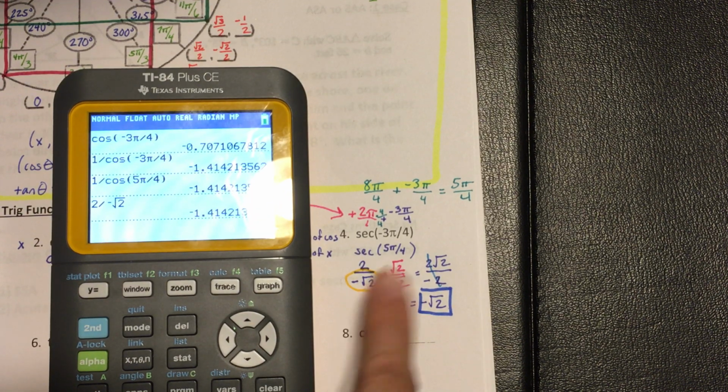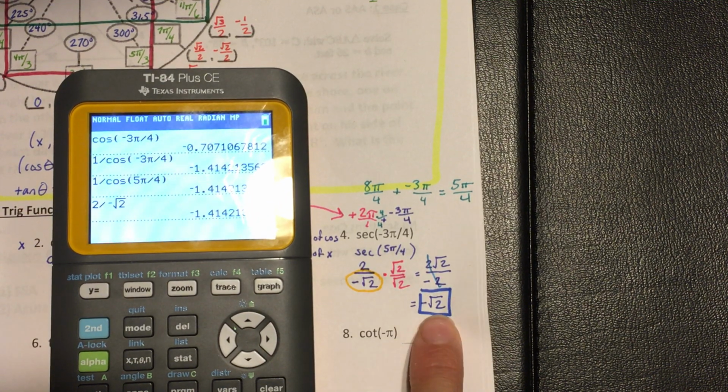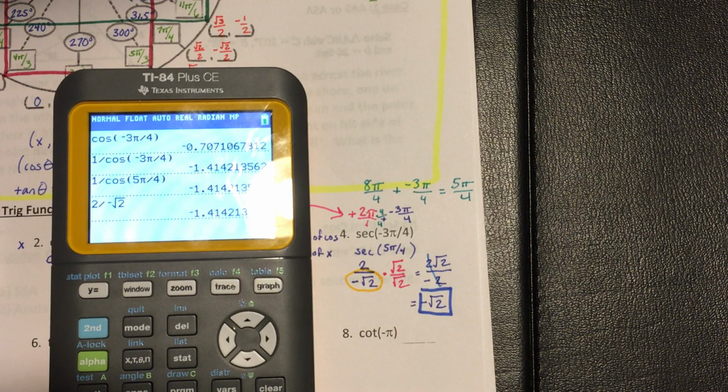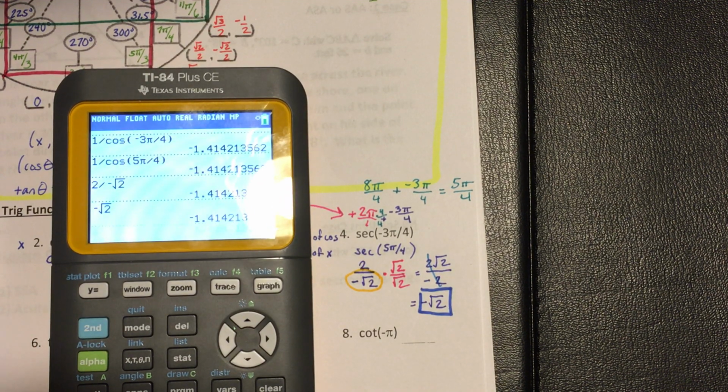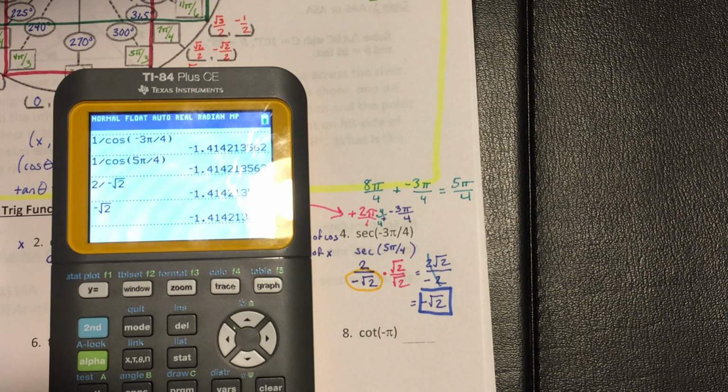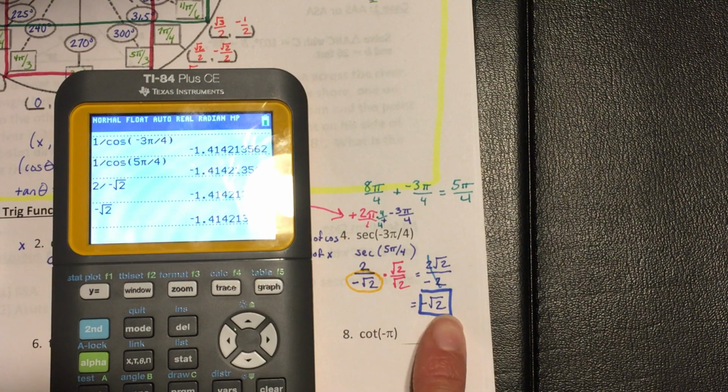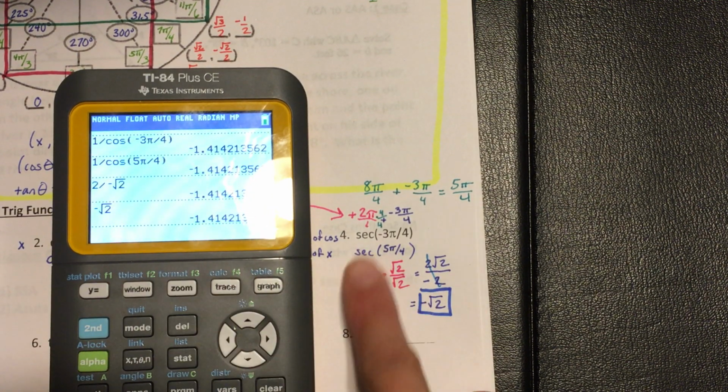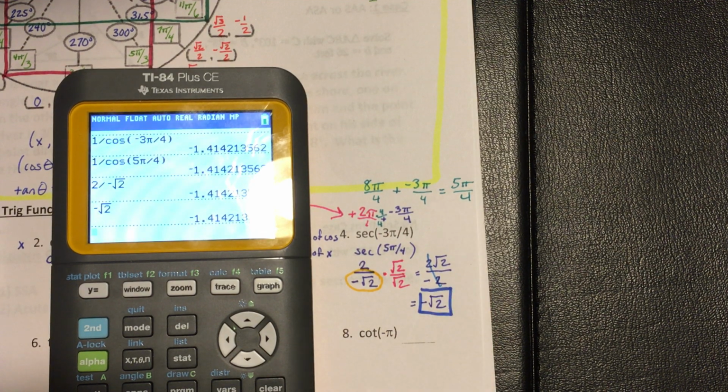I get the same terrible decimal. And my final simplified rationalized expression, we get the same decimal as well. So all of these answers are the same. So your calculator's not going to tell you whether you have rationalized it or not, but we can verify that all of these are equal to the same answer.